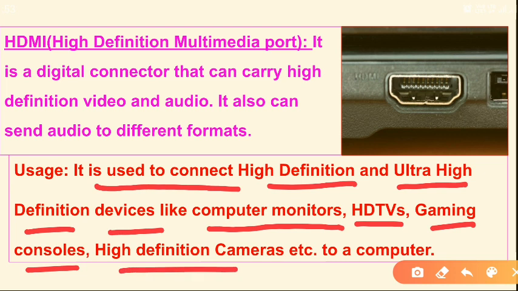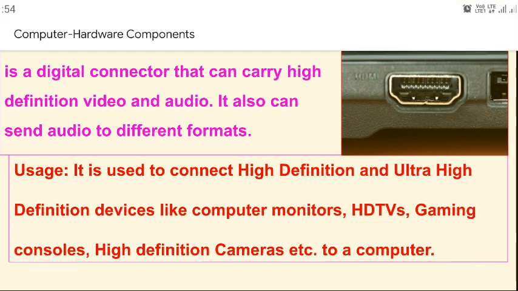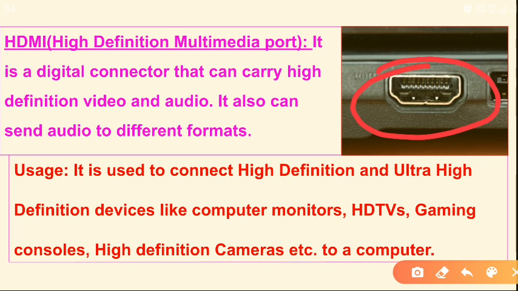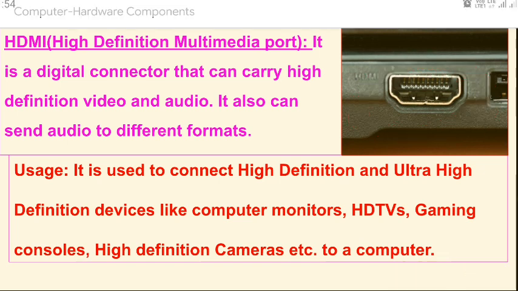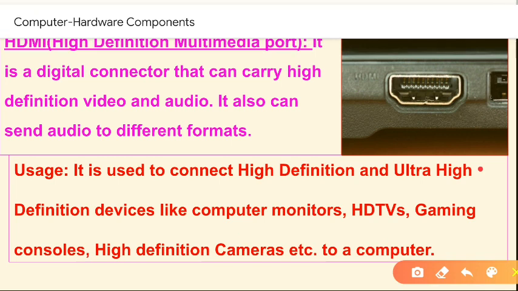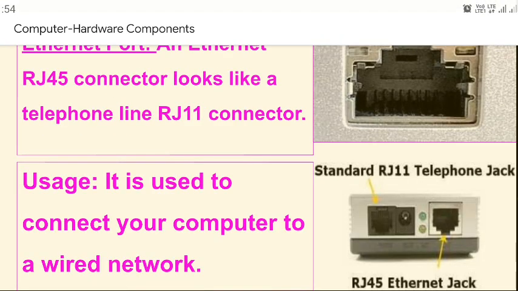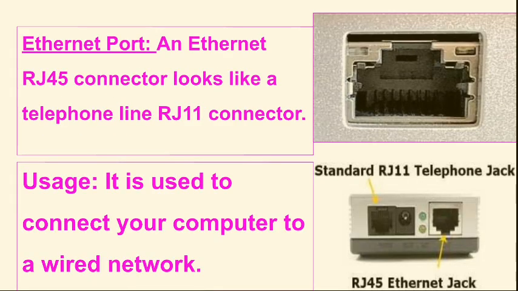Also high definition cameras, etc., to your computer. All these connect to the HDMI port. So nowadays if you purchase a computer or laptop, you will get the HDMI port, which looks like this.